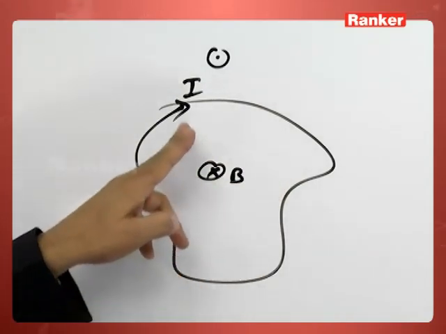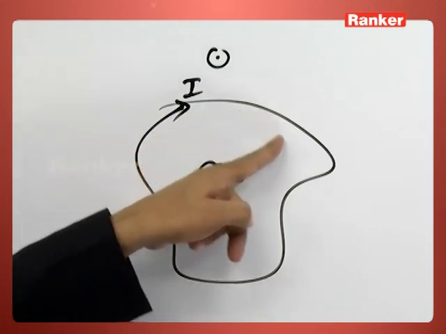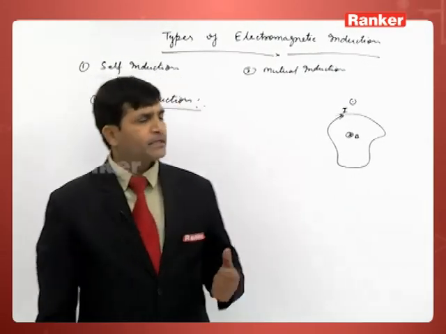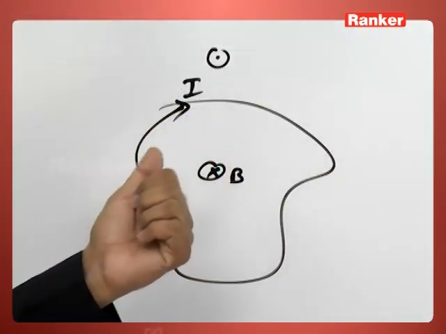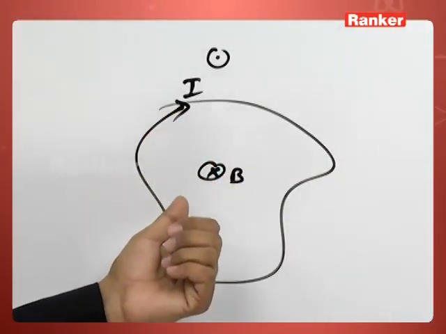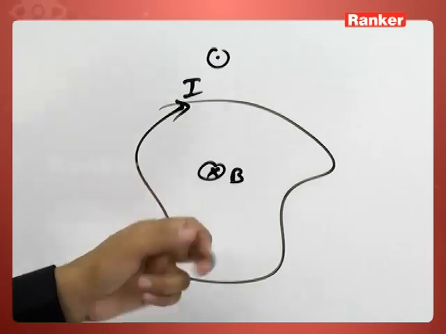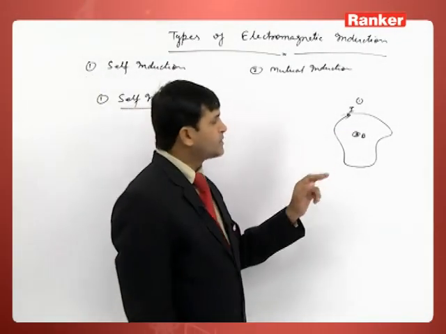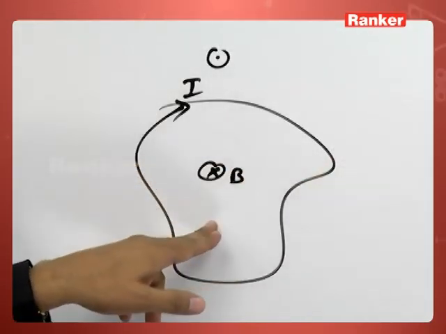Because of this magnetic field there is a flux in this loop, and that flux we call self flux, because it is due to the loop's own current. That flux is called self flux.